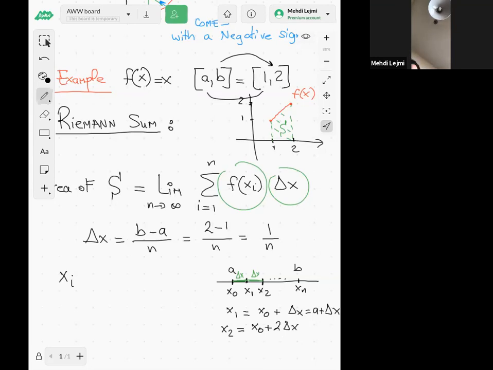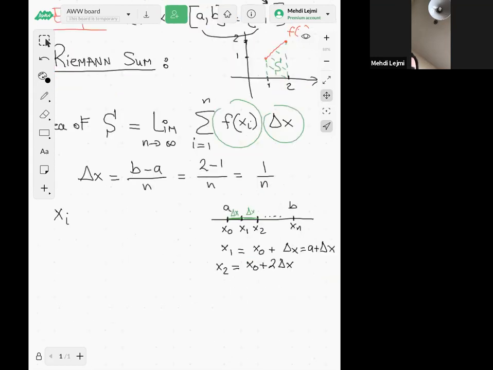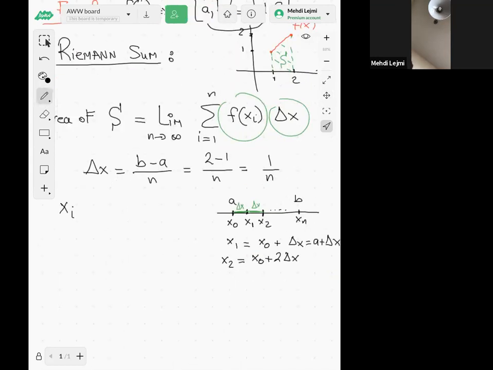So in general, x subscript i would be x0 plus i times delta x, and x0 is a. So x subscript i is a plus i delta x, right?